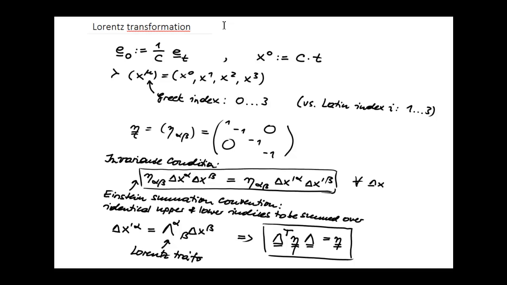What does such a matrix lambda look like that satisfies this condition? To find a matrix that actually satisfies this condition, let me simplify the problem and focus on a special case, where I would like to suppress two of the three spatial dimensions.